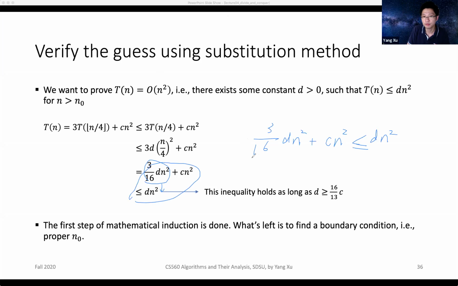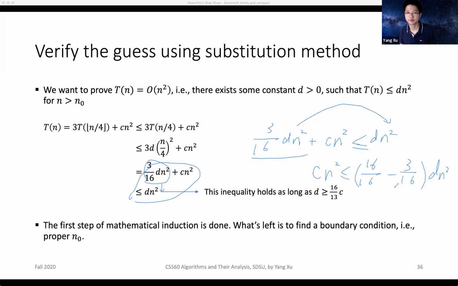So we move this to the right, which results in n squared should be smaller than 16 over 16 minus 3 over 16, right? Times d times n squared, right? That's where the 13 is from.